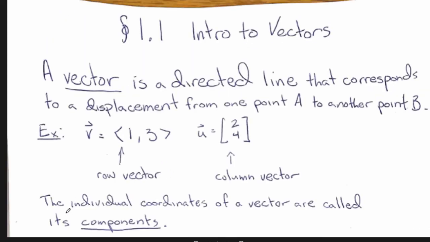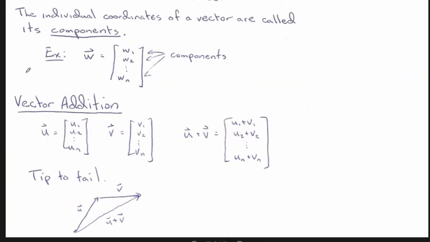So the components of v would be 1, 3, and the components of u would be 2, 4. For example, for the vector w, w1, w2, wn are the components of w.